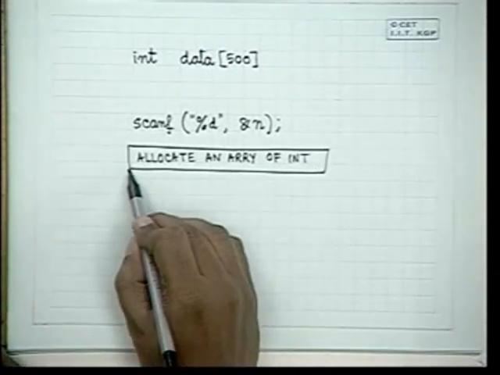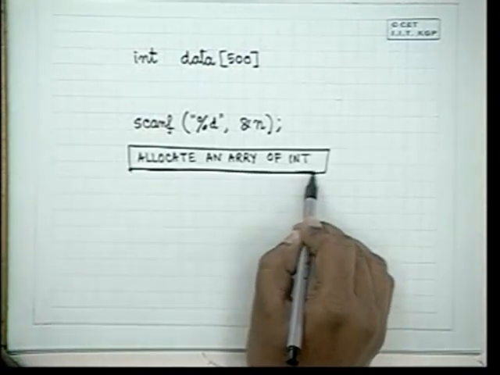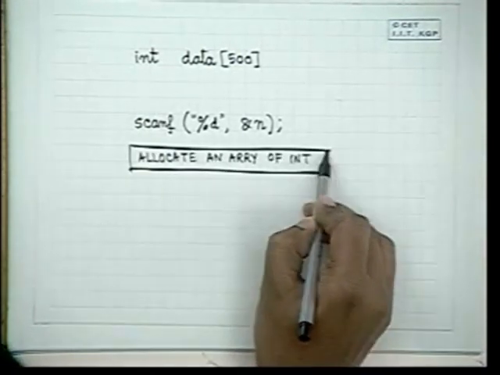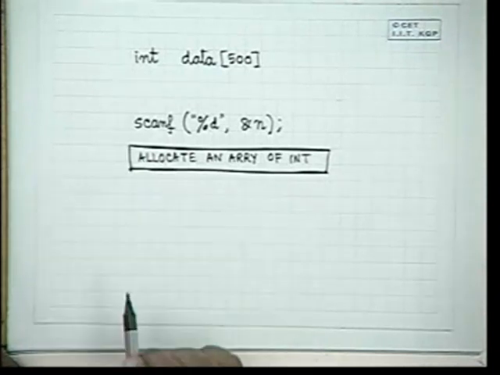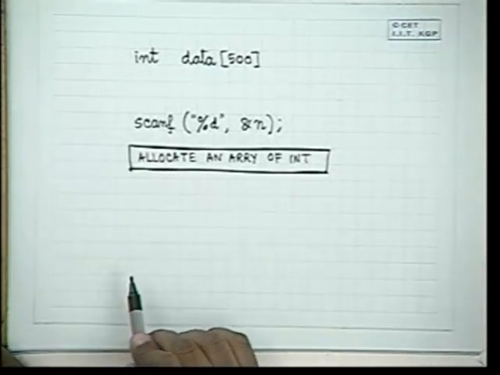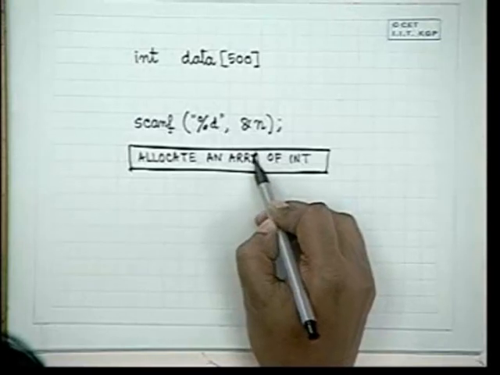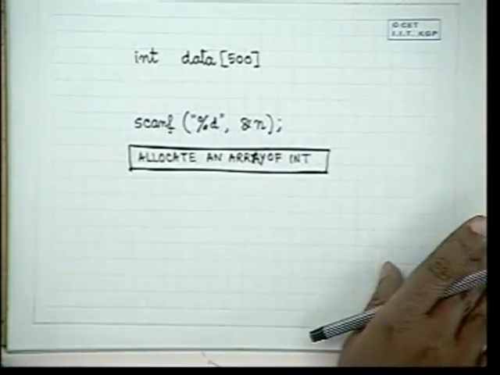We do this by a sequence of definitions and by some standard functions provided in C. Now before we do this, we will see what we have to declare to define an array of such size.